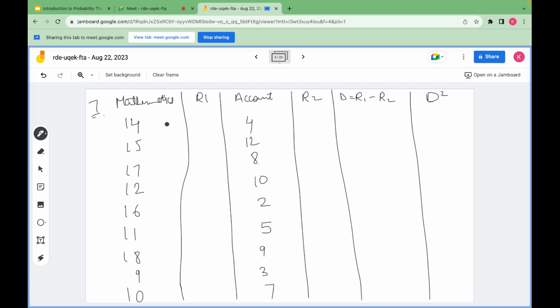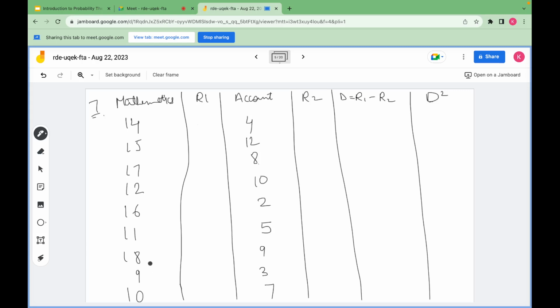Okay, so these are the values given to us. Now in the Spearman's rank formula, we use the rank of the data. So here we will find the rank for all these values.